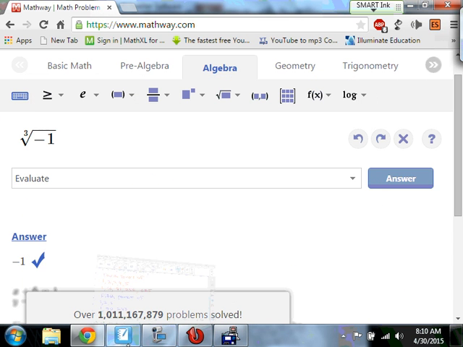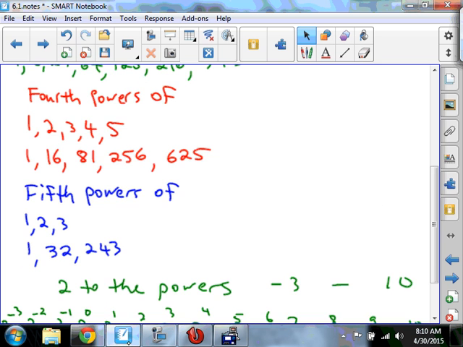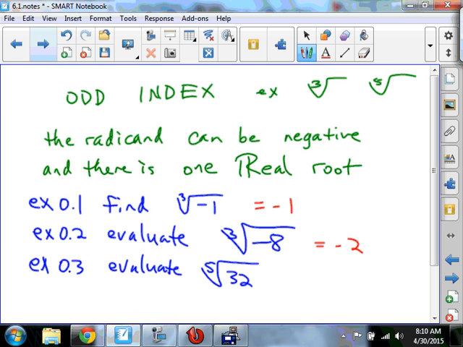So it's going to be 2, right? Now notice we didn't put a plus or minus there, because a negative times a negative is still a negative. So the sign has something to do with this. There is just one real root. The radicand can be negative. Everybody all right so far?